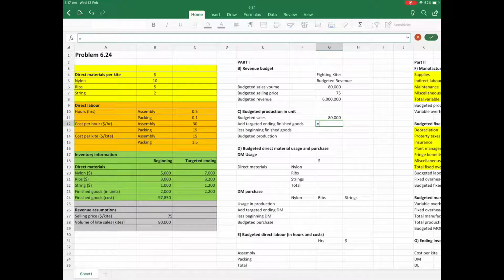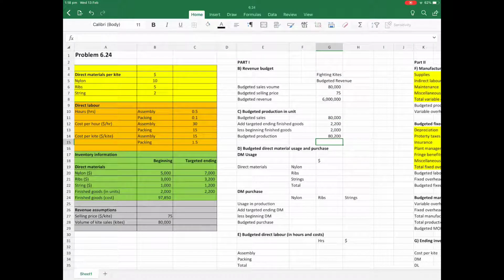The targeted ending is 2,200. And then we subtract the beginning finished goods, which is also in the green box, and that is 2,000. So the budgeted production will equal the budgeted sales plus targeted ending finished goods less beginning finished goods. So that is the budgeted production.